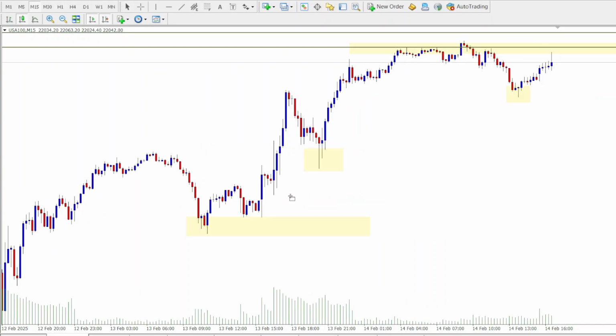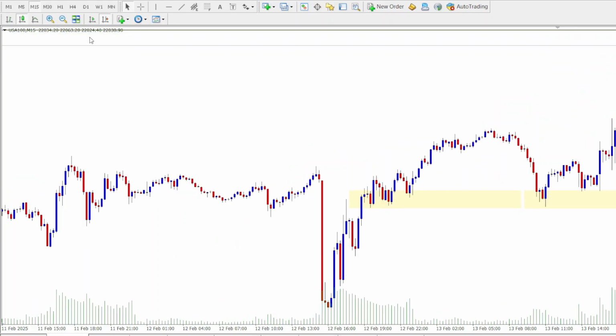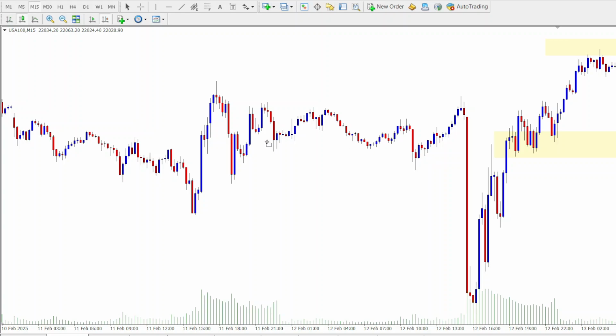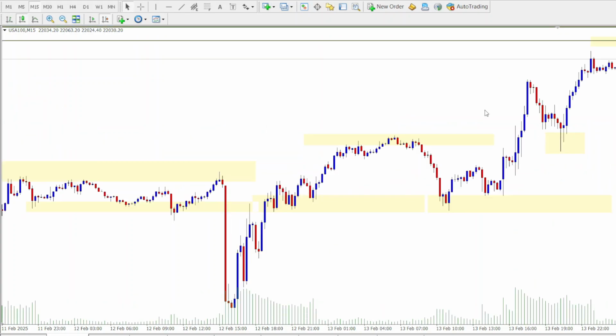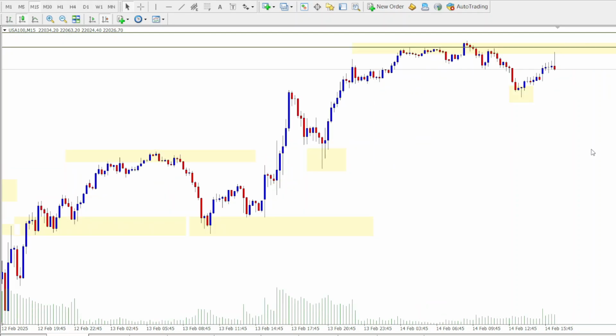If you extend the areas, you can see that these areas are coinciding. Around swing highs and lows, around support and resistance zones, we have liquidity building up, because market makers push price beyond these levels to trigger orders.